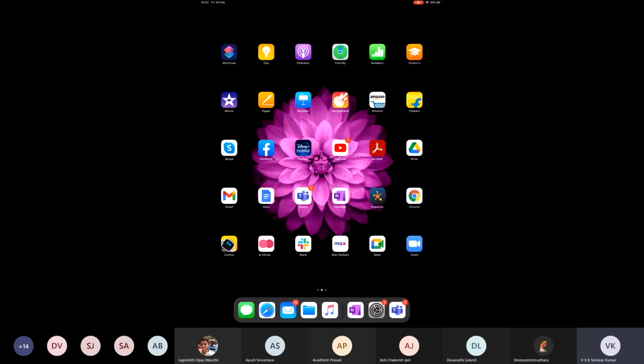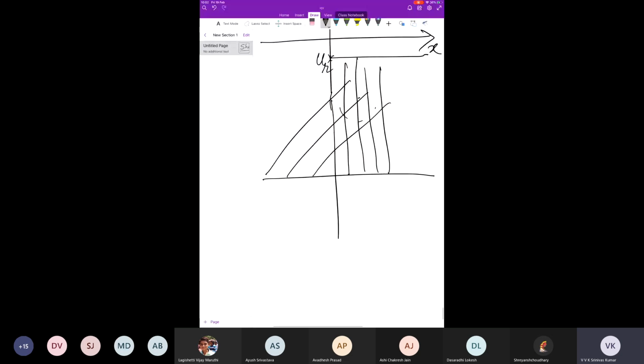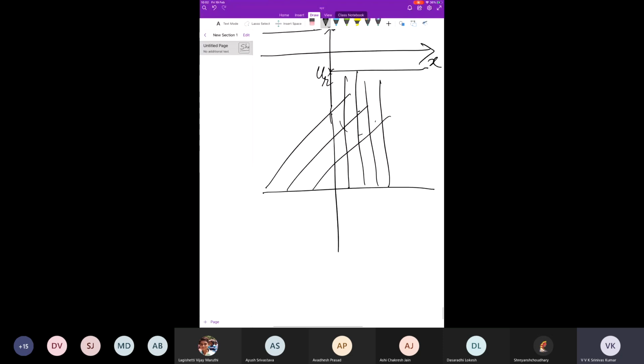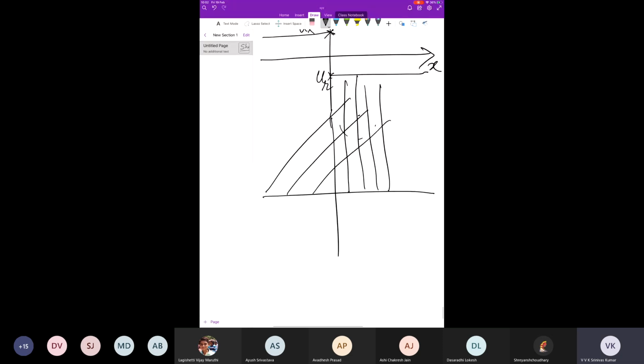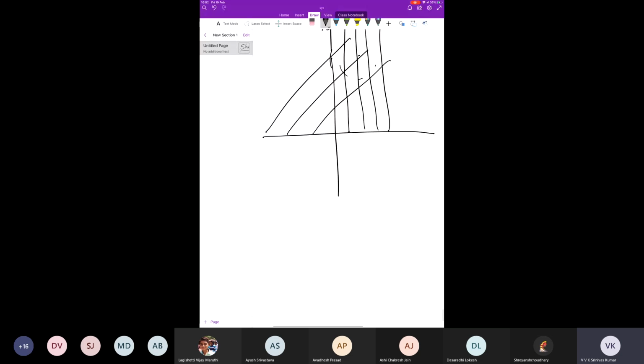So, case one is this one, and we have already worked on this part. When there is an intersection, how to find the shock. These type of solutions are called shock waves or shock solutions.